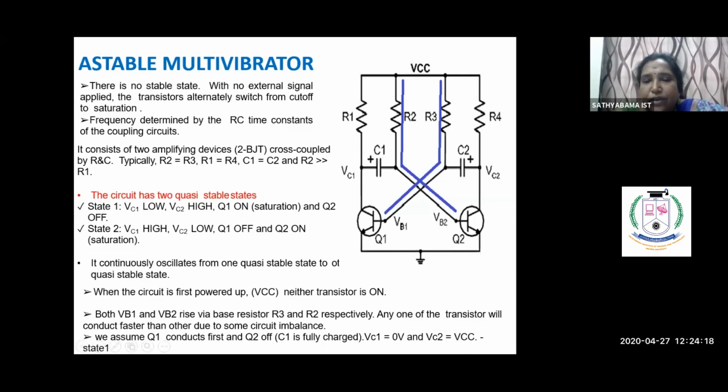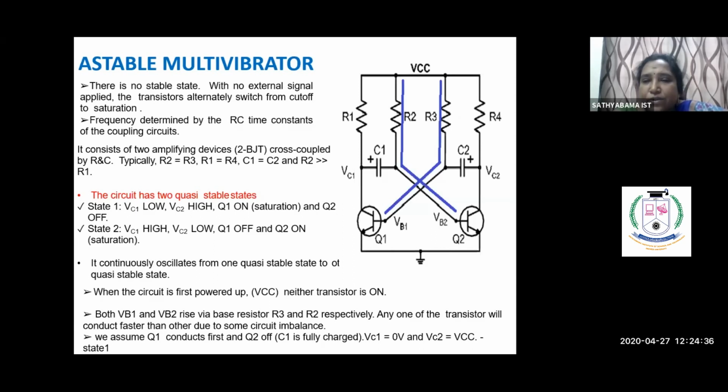Note down that VB1 is the base voltage of transistor Q1, and VB2 is the input base voltage of transistor Q2. This is the connection.